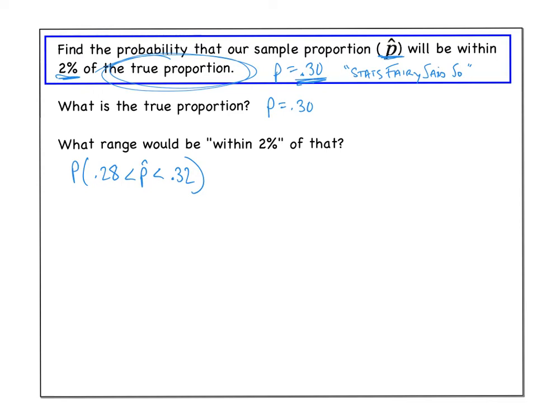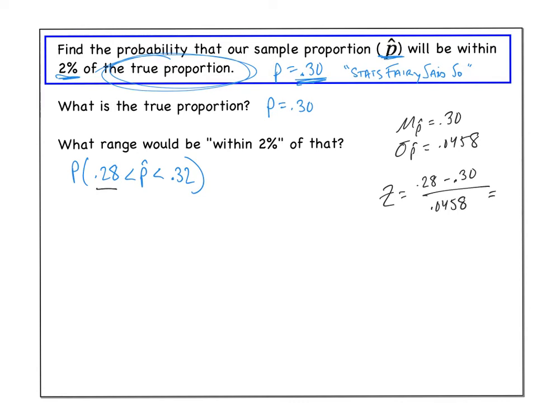Again, from the previous problem, the mean of our sample proportion was 0.30, and the standard deviation of our sample proportion was 0.0458. We need that information to find our z-scores. So I'm going to find one z-score using 0.28: 0.28 minus the mean divided by the standard deviation.